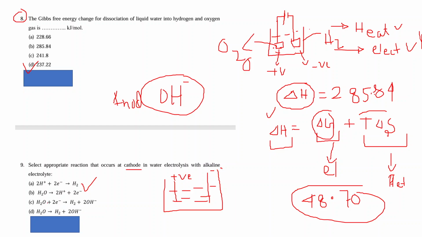Water plus two electrons will react together, and at the cathode hydrogen will be produced, and OH minus will be produced. This OH minus will get attracted by the anode, positive, in alkaline electrolyte.